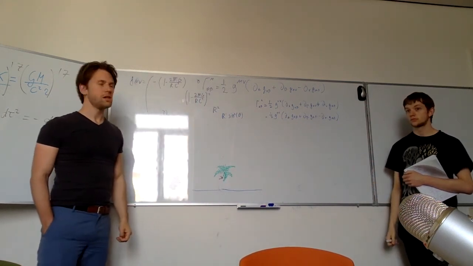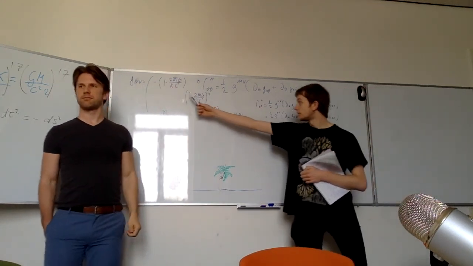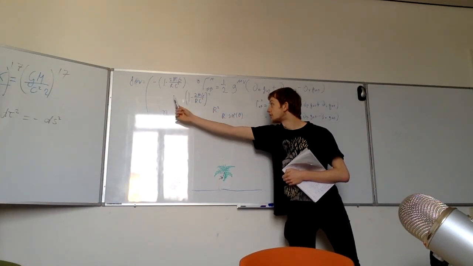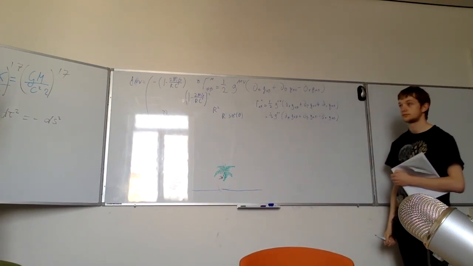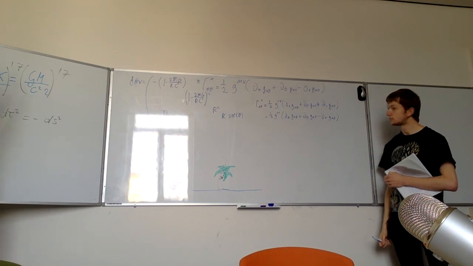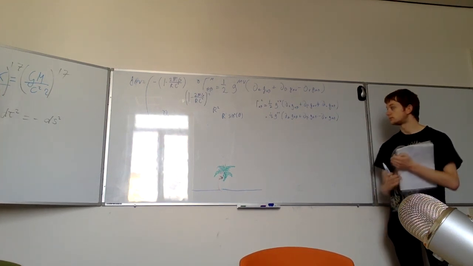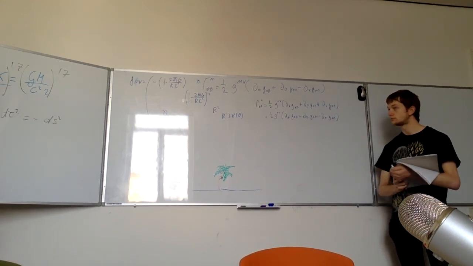Why only r? Because t, theta, and phi do not appear in the expression of this metric element, so you can't take the derivative with respect to those. So apparently one non-zero version of this Christoffel symbol is when beta is t and alpha is r. You still have to work out what that thing is, but you can tell it's a non-zero one.